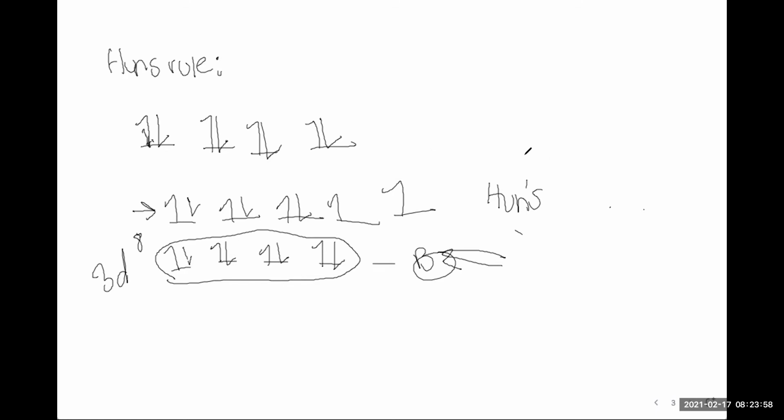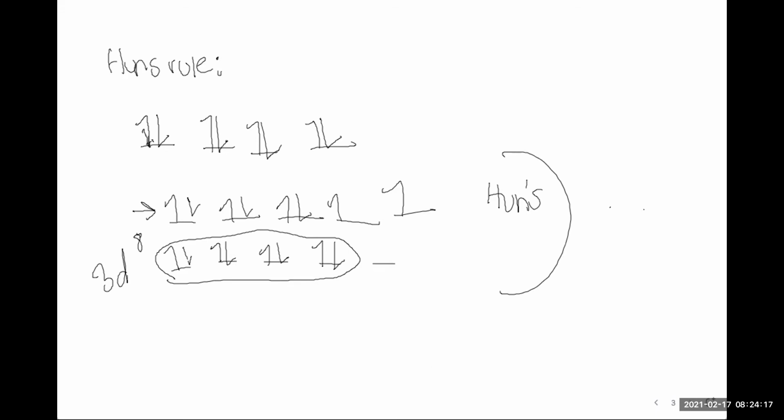So do you see the difference, Matt, between the first one and the second one? Well, I was just going to say the first one is following Hund's rule because the last 2 electrons are by themselves. Right?